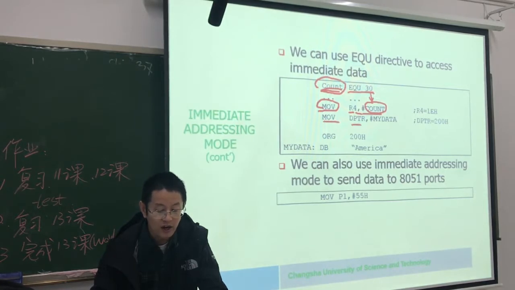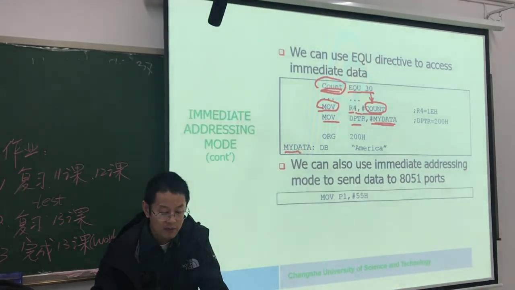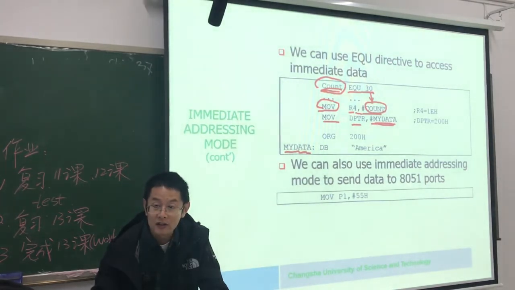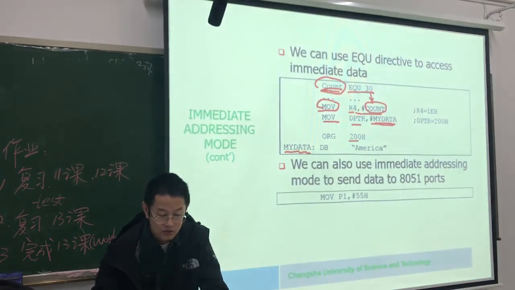MOV DPTR, #mydata, which means mydata is a label, a label address. You can replace mydata with mydata's address. Mydata's address is 200H.